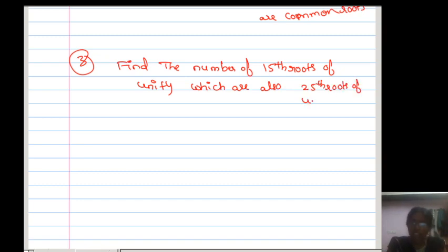So they are asking indirectly the common roots of 15th roots of unity and 25th roots of unity.